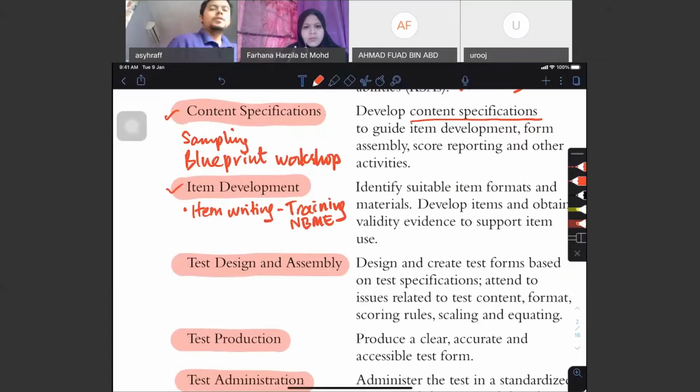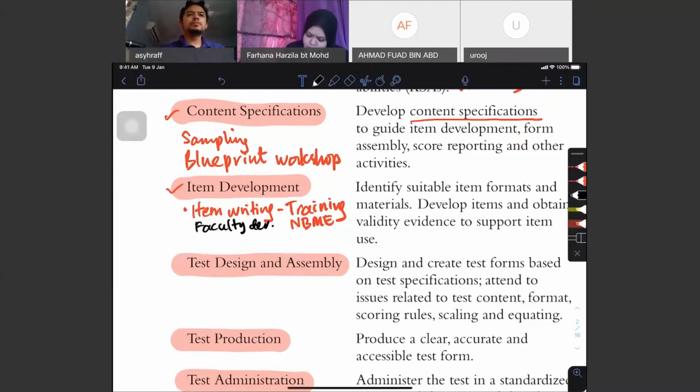You can download it for free, and there are so many other guidelines. The problem is to make the lecturers who write the items aware of these guidelines and follow them. This involves faculty development, usually in the form of workshops. Nowadays you have to think about online workshops, coming up with guides and things like that.